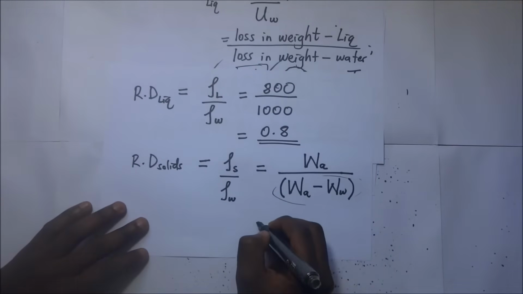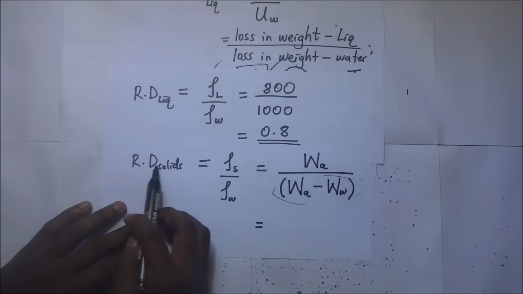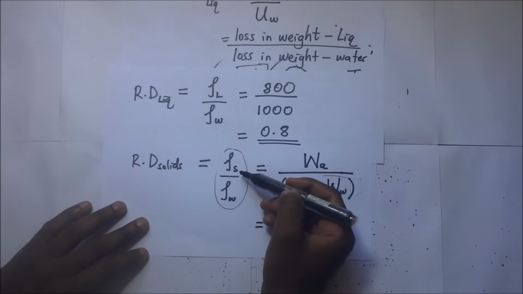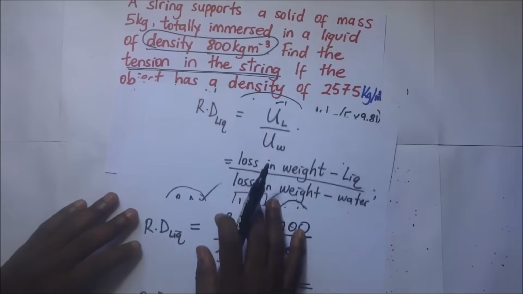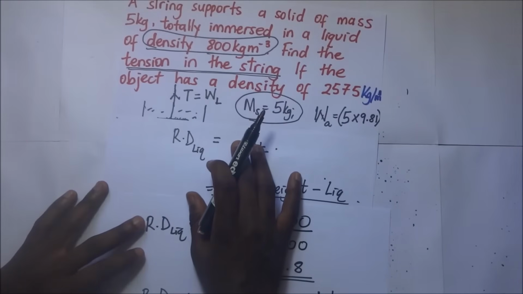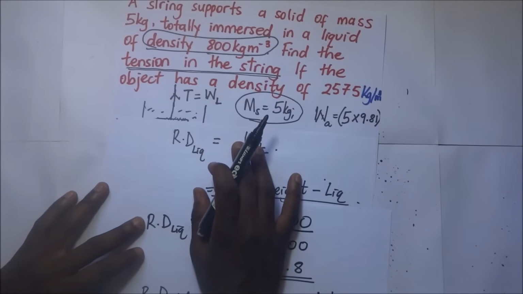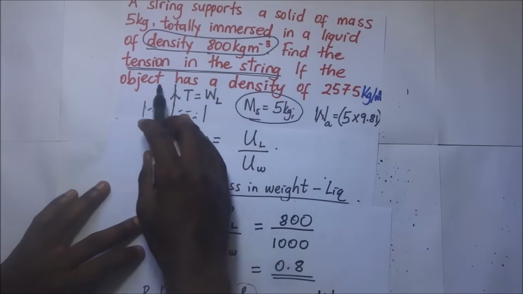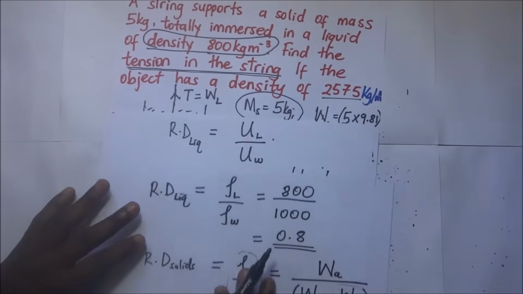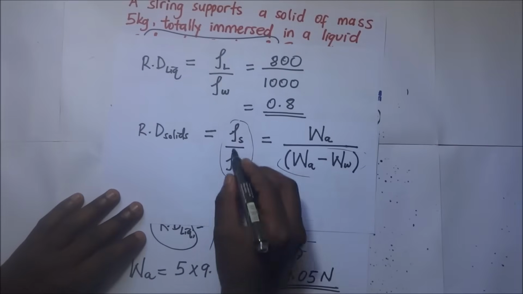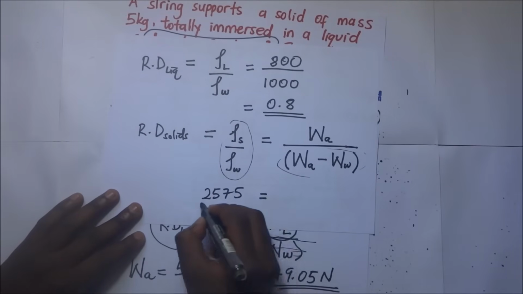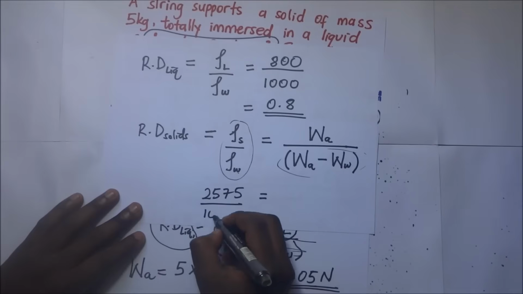Now, the relative density of the solid: we have the density of the solid already in the question. Yes, the object has a density of 2575. So the density of the solid is 2575, divided by the density of water, which is 1000.